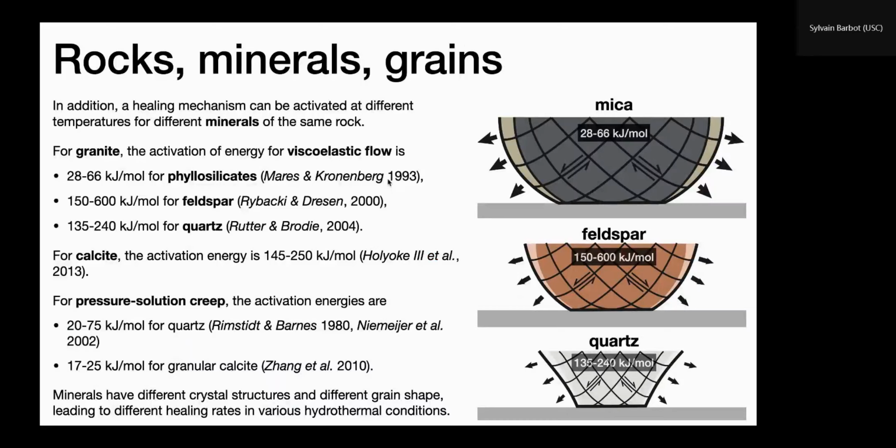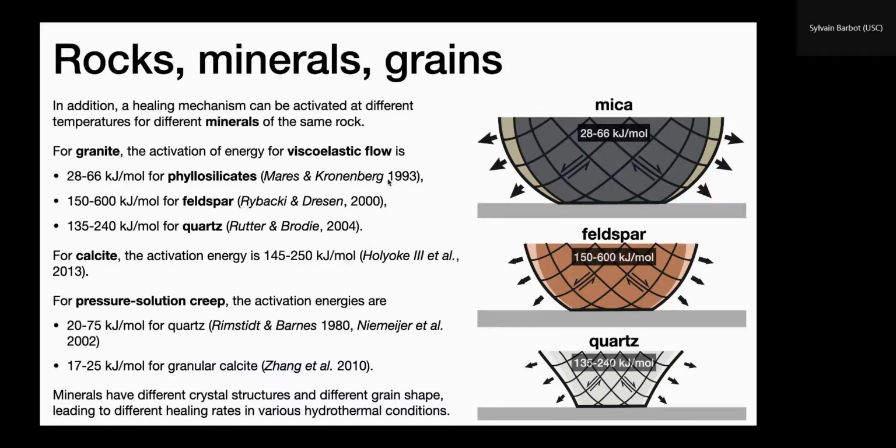So there's more details to that. And so granite would have, even for the same viscoelastic mechanism, different activation energies because of different types of minerals. Calcite, for viscoelastic flow, also has relatively low activation energy, 145 to 150 kilojoule per mole.